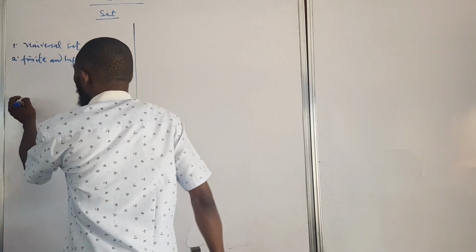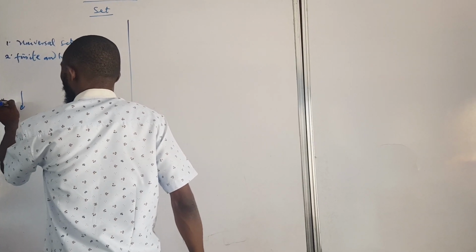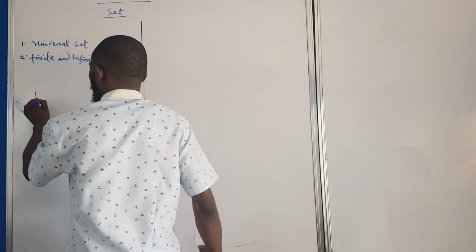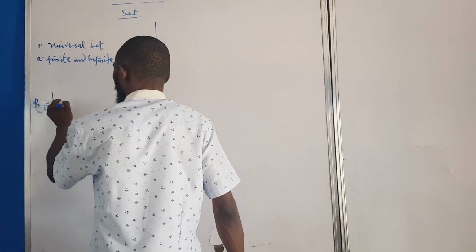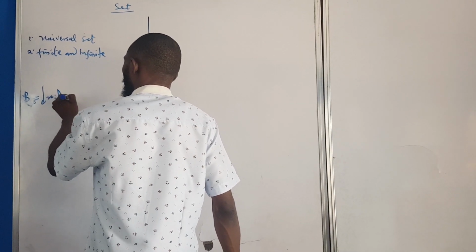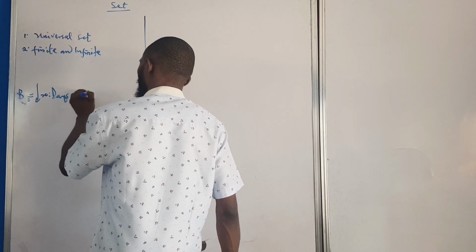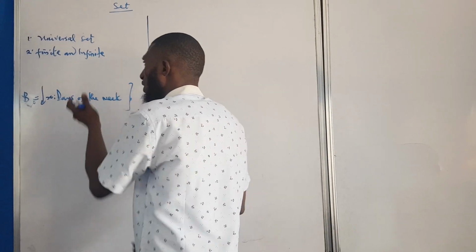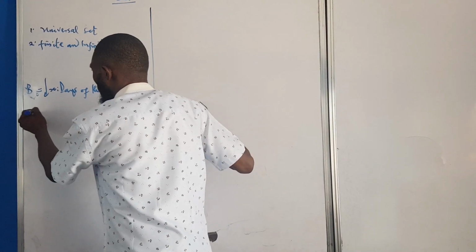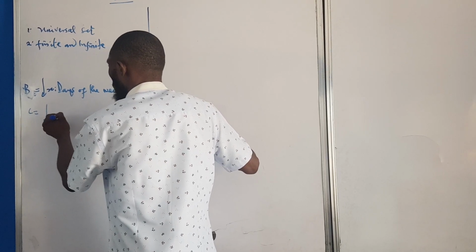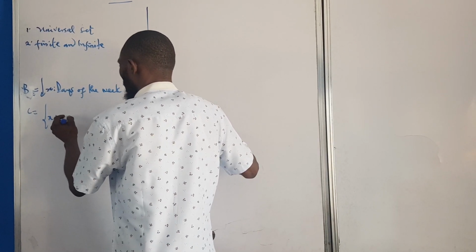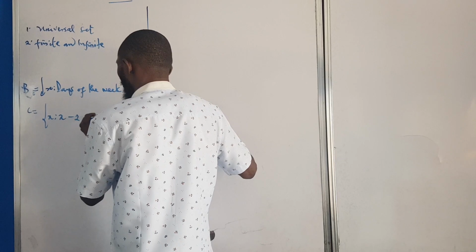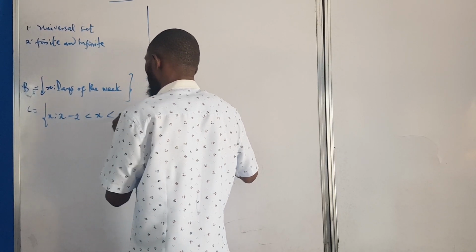Let's say we have days of the week. Let's say B equals x, where x is the days of the week. We know all the days of the week. Or you are given C equals x, where x is, let's say, greater than minus 2 and less than 4.